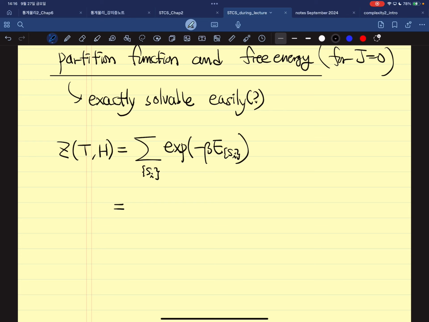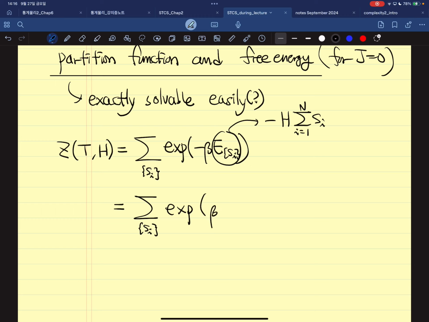So, explicit step by step. First, this energetic term is now minus h times the sum of the spins. So it becomes beta h and the sum of spins.